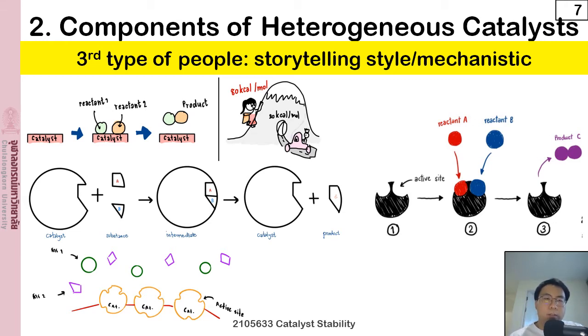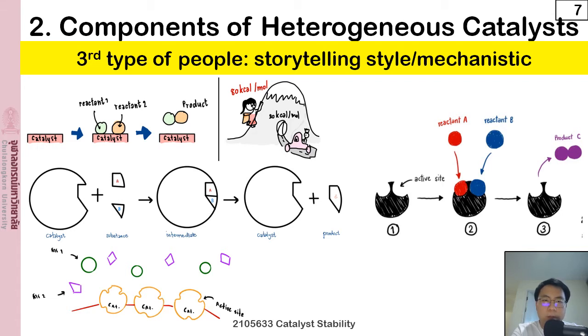The first one on the top, the person tries to represent the catalyst as a platform for the reactants to meet and form products. Also, the person explained that the catalyst reduces the energy needed for the reactants to form products.